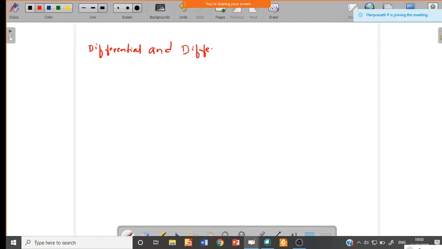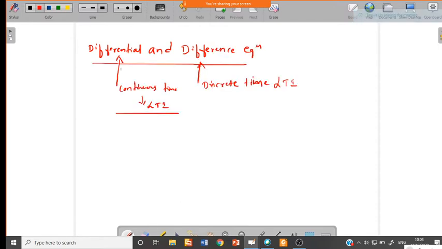This is for continuous time LTI systems. So differential equations are used to represent the continuous time LTI system, and discrete time LTI systems will use the difference equation.